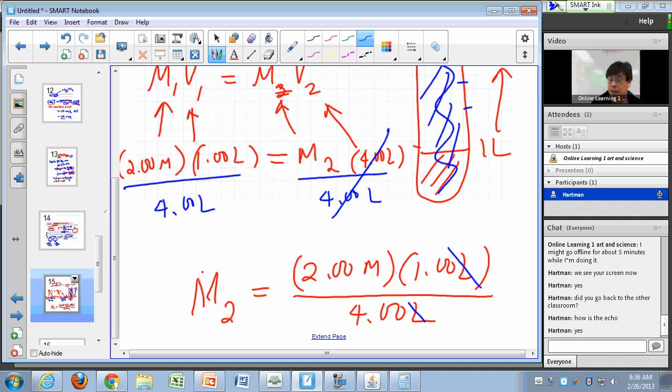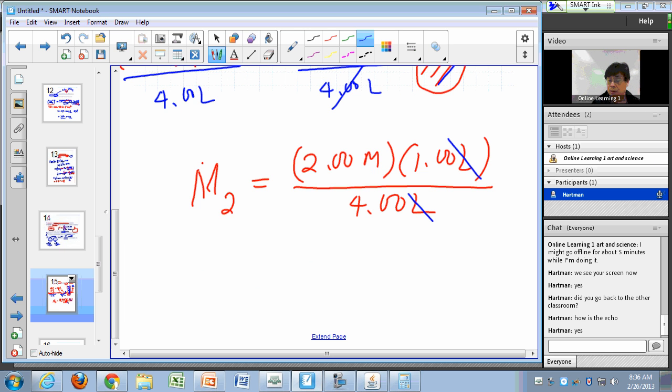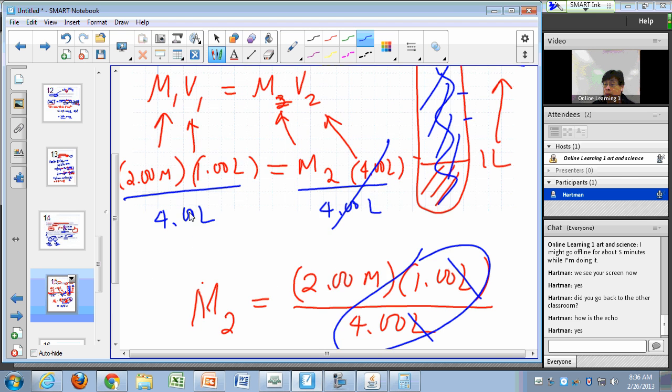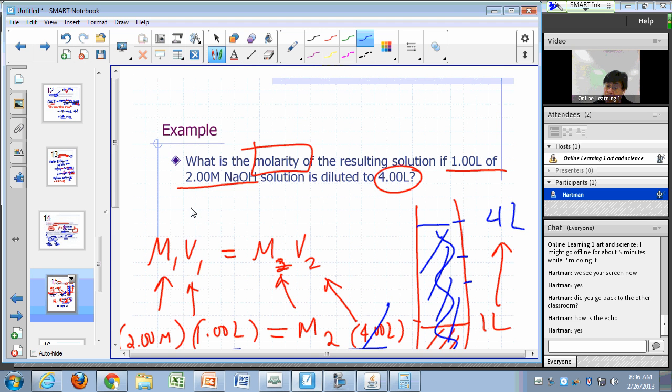And liter cancels out. So you can see you end up multiplying your original molarity by 1/4. So what's a quarter of 2? That's 0.500 moles per liter. Okay, so from a 2 molar stock solution, you're able to make a solution that's less concentrated or more dilute by simply adding more water to it. That's called dilution.